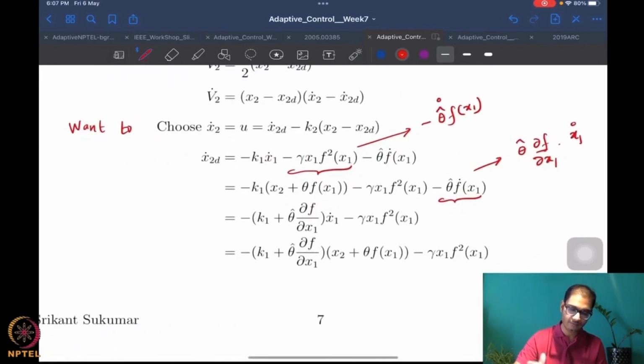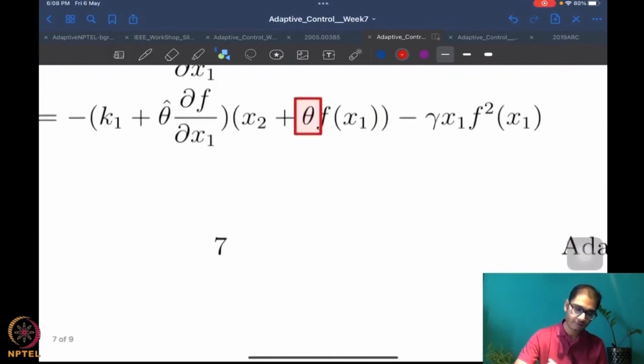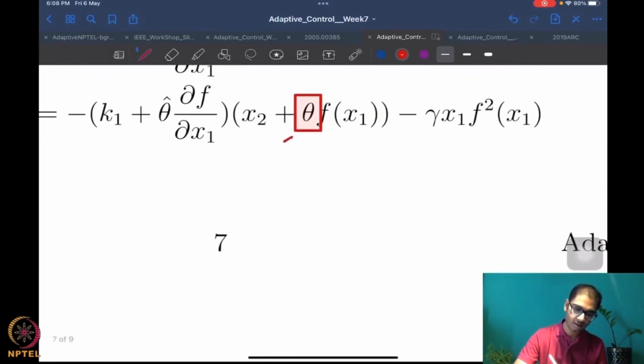So that's what I will say. In fact, I'm going to highlight this. So due to this, control U is not implementable.